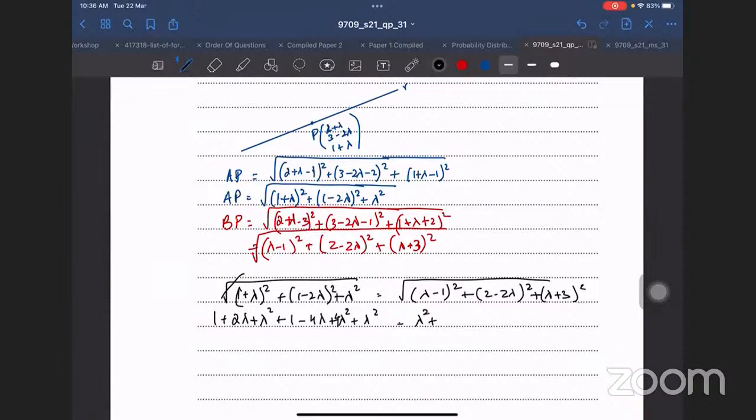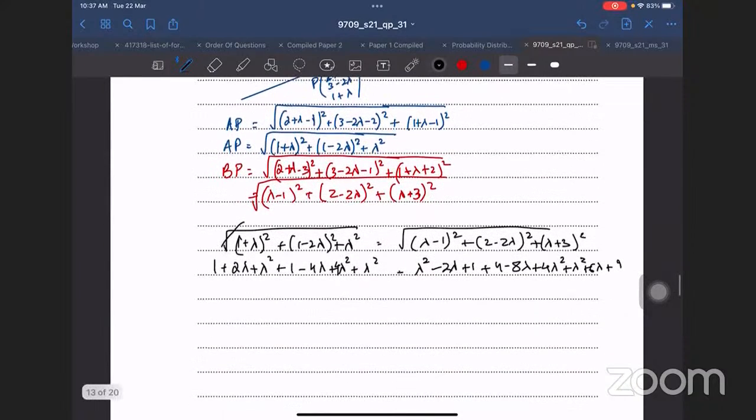So I get lambda squared minus 2 lambda plus 1 plus 4 minus 8 lambda plus 4 lambda squared plus lambda squared plus 6 lambda plus 9. That's a long calculation, so do it carefully.